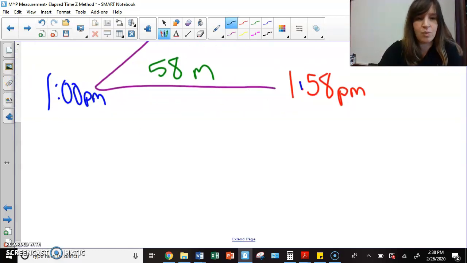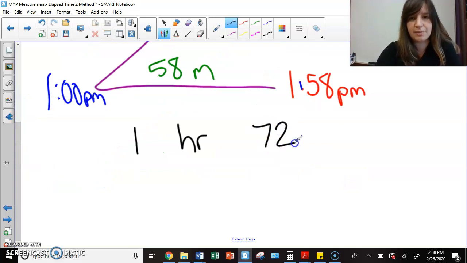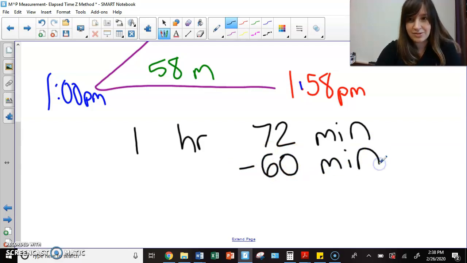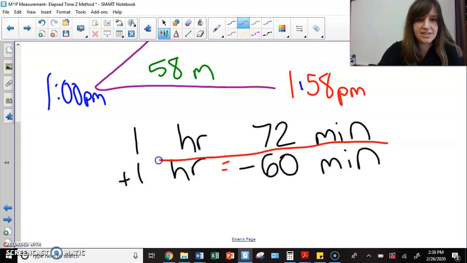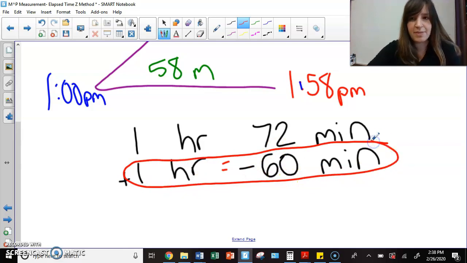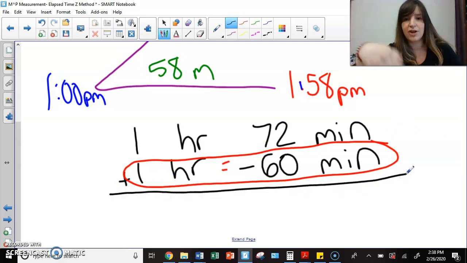So I have 1 hour and 72 minutes. So what I'm going to do is take away 60 minutes, but as I do that, I'm going to add an hour over here, because 1 hour is equal to 60 minutes. So if I take it away from the minutes, I have to put it over into my hours to make sure that it's not disappearing, it's not going anywhere, it's just transferring over.